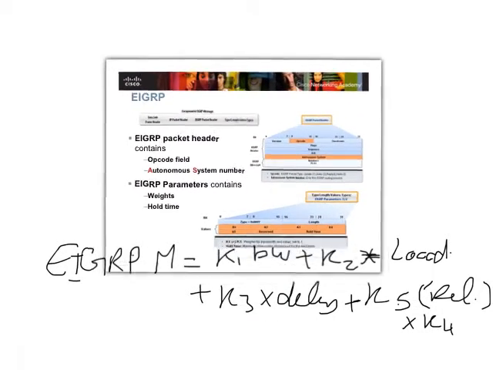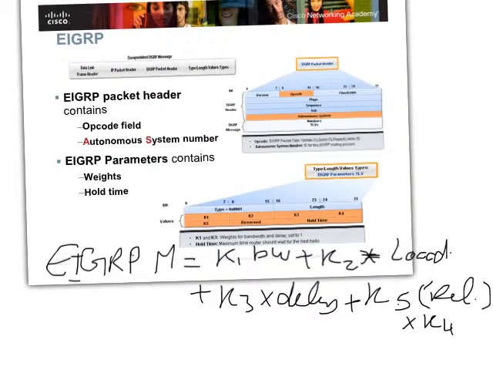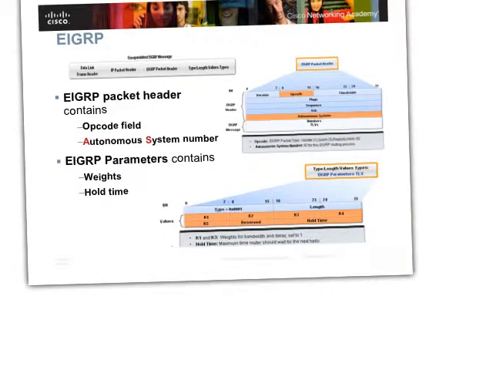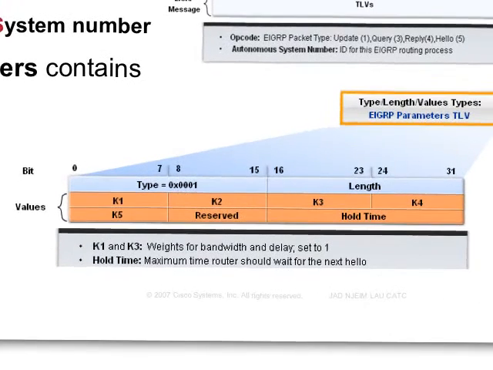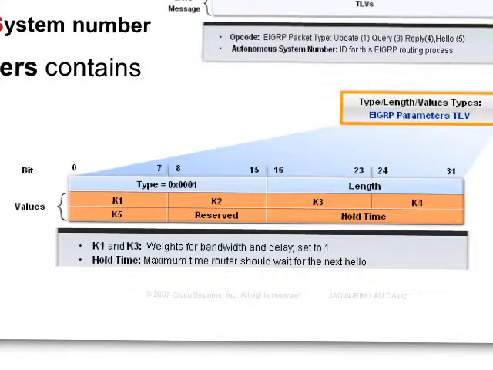But this message has a little bit more than this. As we can see, including K1, K2, K3, K4, K5, we have the hold time. And remember that hold time here is different from the hold down timer that we used in RIP.